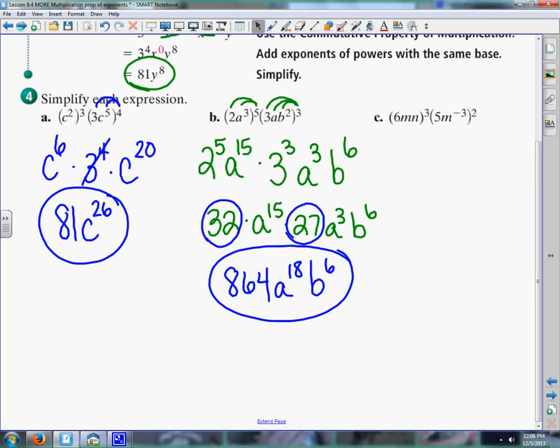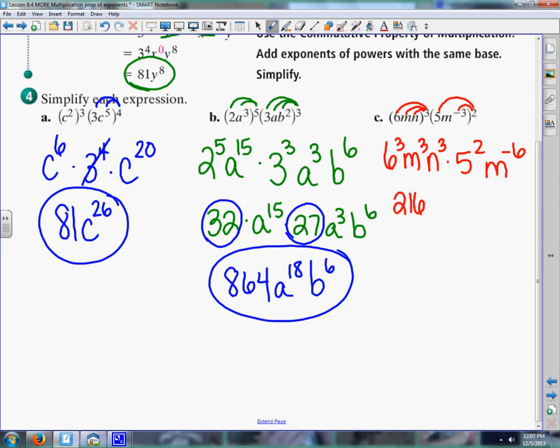So you're taking everything you've learned in previous lessons and you're combining it. So now I have 6 to the 3rd, m to the 3rd, n to the 3rd. I'm distributing that 3. And then 5 squared, and then m to the negative 6. So 6 to the 3rd power is 216.